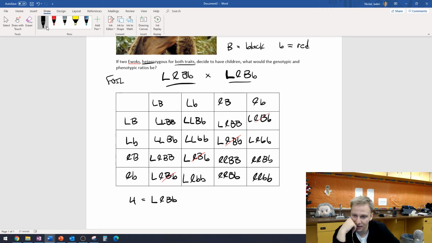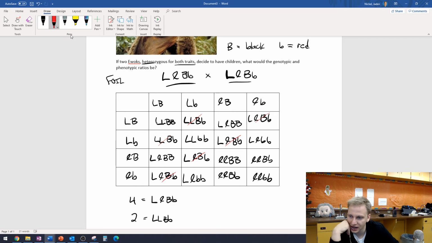The next thing I'm going to do is look again at my diagonals and see what I can generate here. In this column, we have 2 of the same right there: capital L capital L, and then a capital B lowercase b, so we have 2 of LLBb.